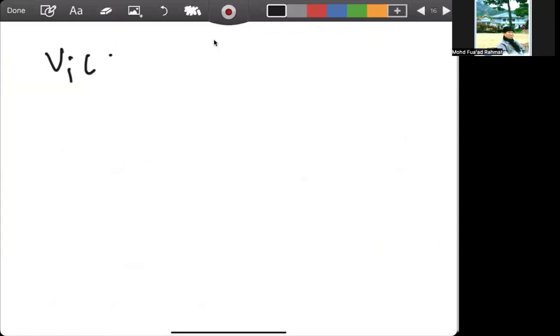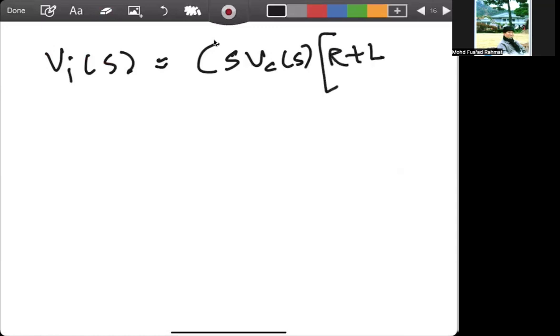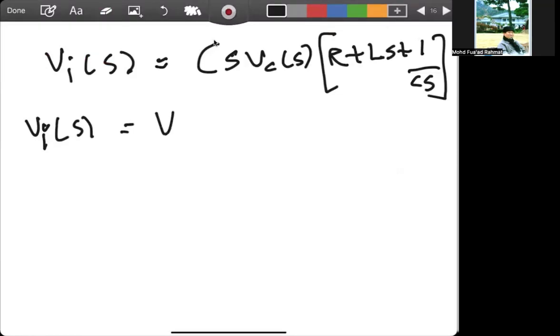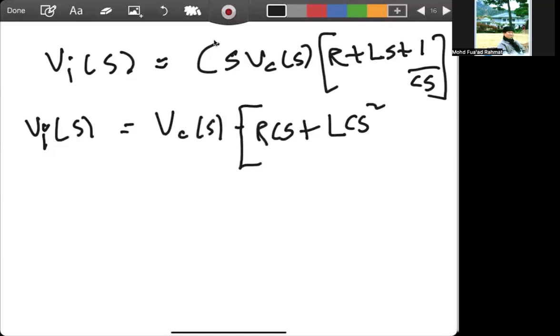So VI, yes, CS, VCS multiplied by R, RCS. Okay.